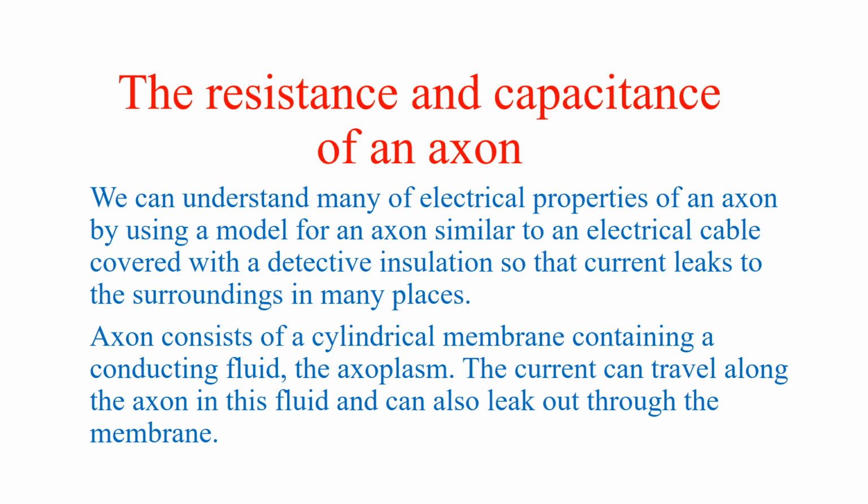The current can travel along the axon in this fluid, and because the resistance of the membrane is smaller than the resistance of the axoplasm, it leaks out through the membrane, and then in order for this nerve impulse to survive, it should be amplified many times before it can reach the targeted organ.